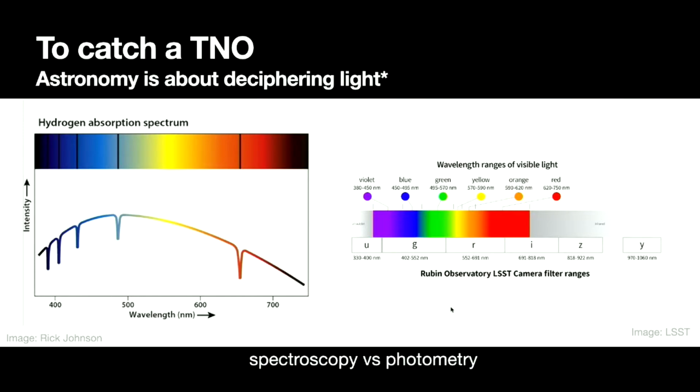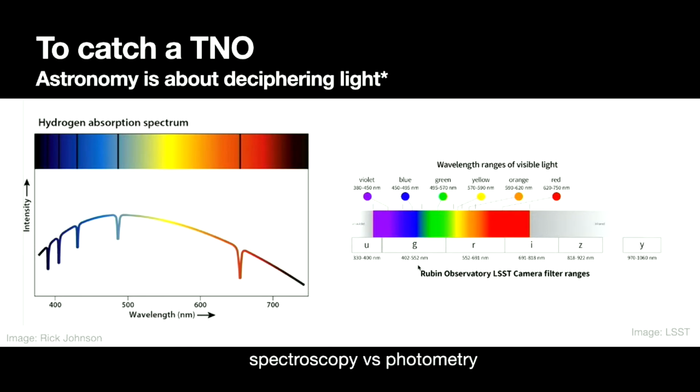Photometry is when the light isn't split into specific wavelengths. You just look at light in a specific range of wavelengths. So you put a filter on the telescope, and the camera is only capturing a specific range of wavelengths of light. For example, the G filter only captures wavelengths from 400 to 552 nanometers.